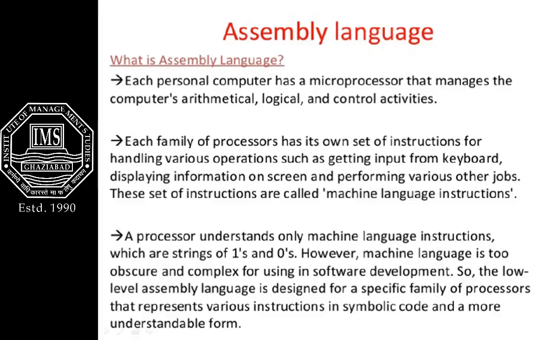However, machine level language is too complex for use in software development. So the low level language is designed for a specific family of processor, and represents various instructions in symbolic code and in a more understandable form.